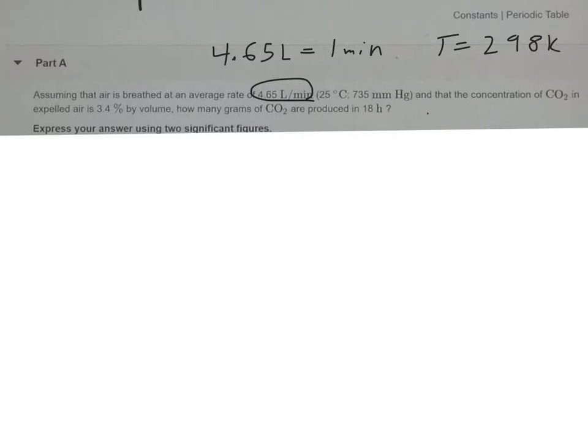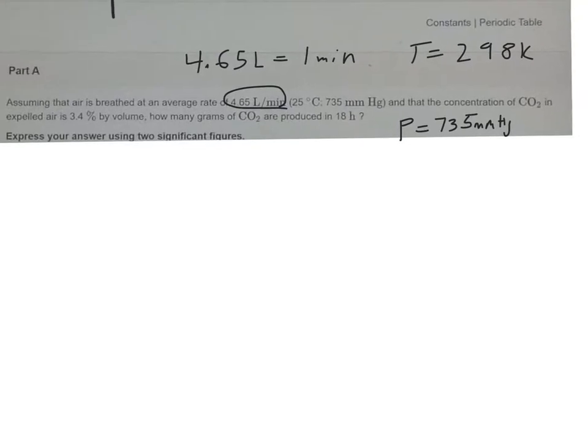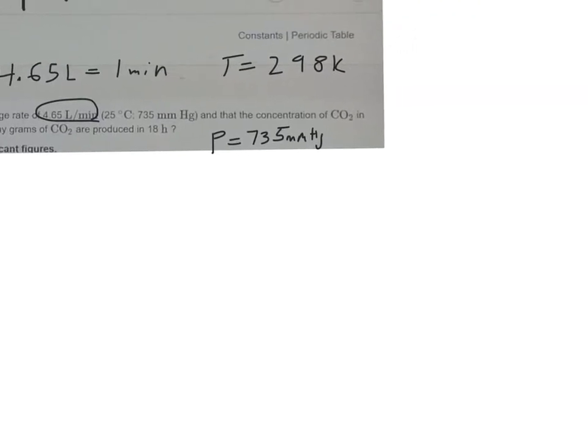They've also given us a pressure, 735 millimeters of mercury. And I don't want to be bothered with it later on, so I'm going to go ahead and convert that pressure right away into ATM. 760 millimeters of mercury in 1 ATM.